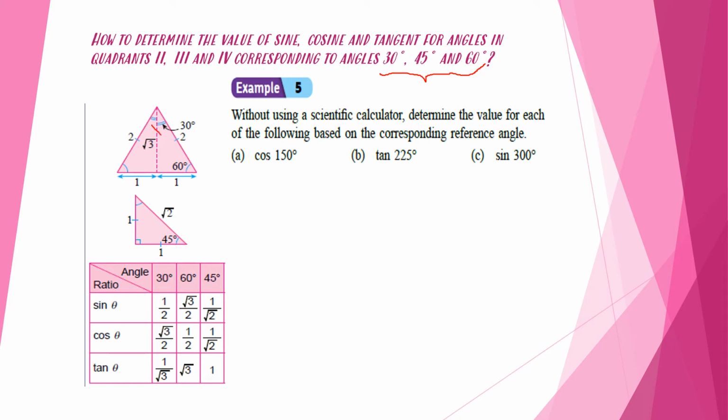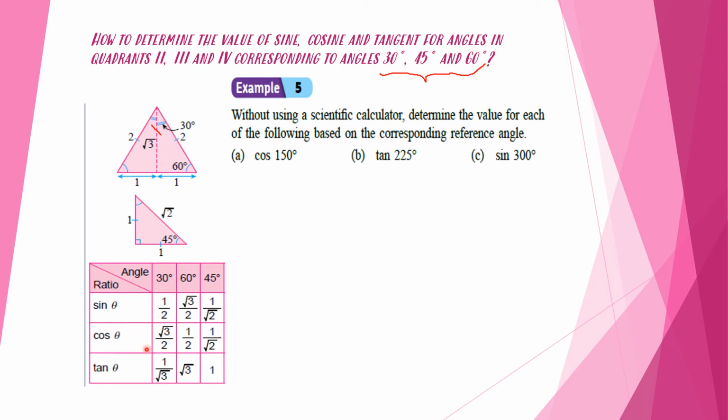So we take a look at this triangle. In this triangle, sine theta, when your theta is 30, sine theta is equal to opposite over hypotenuse. So it's equal to 1/2.